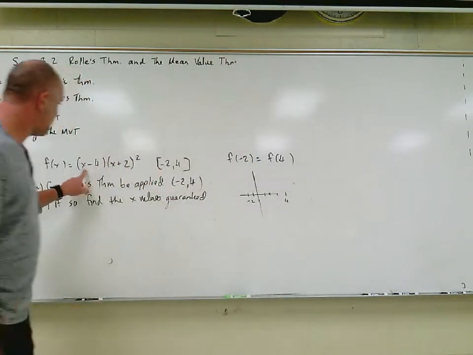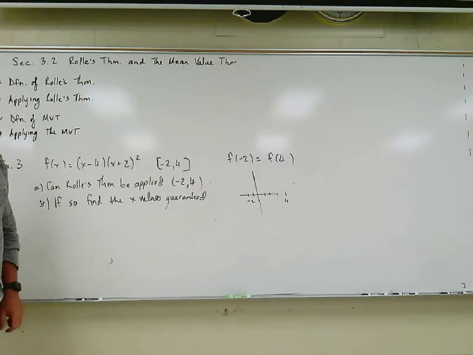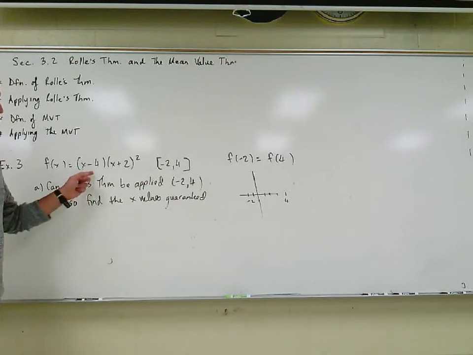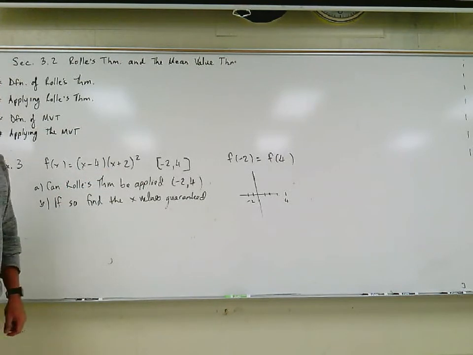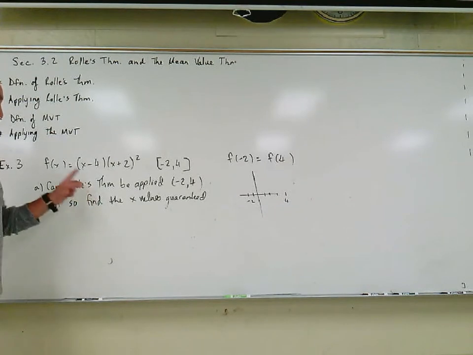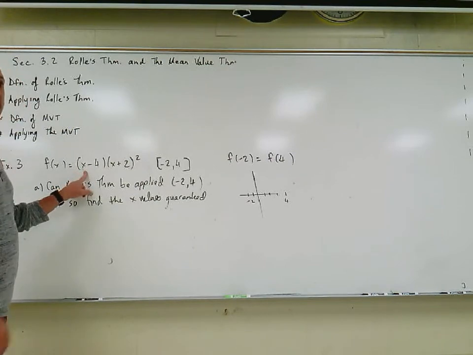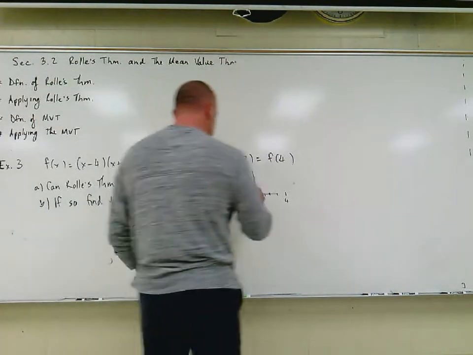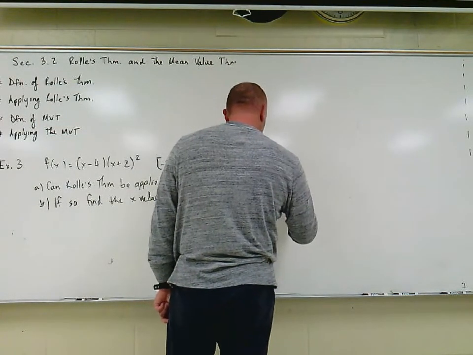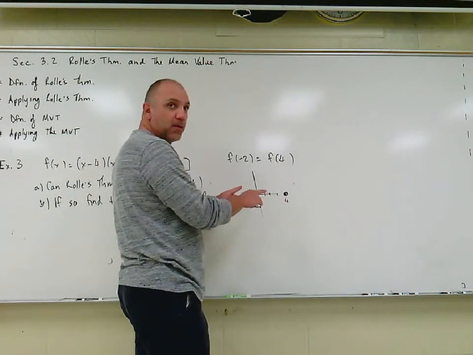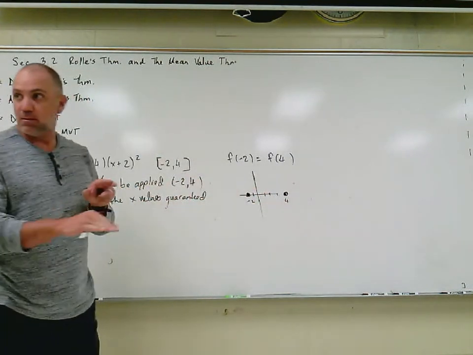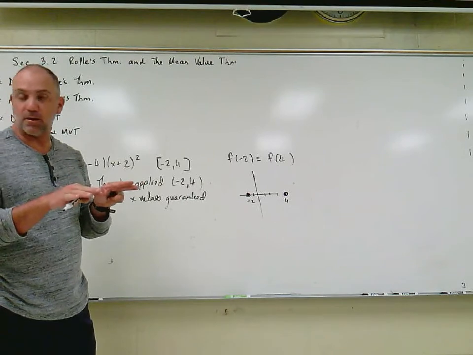If I plug in a negative 2 into the second part, what do I get? 0, because this is 0. If I plug in a 4, what do I get? Those are x-intercepts, negative 2 and 4, which is fine. All we care is that they're at the same height, the same y.